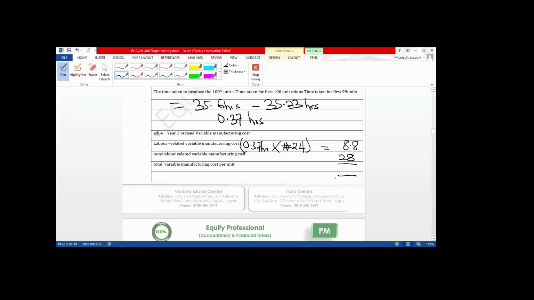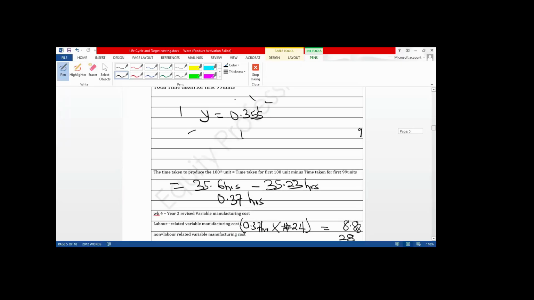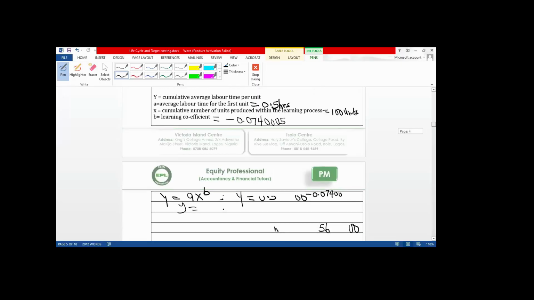You can now sum together. That will give me 36.88. Please remind him where the 28 is coming from. The 28 is coming from here.